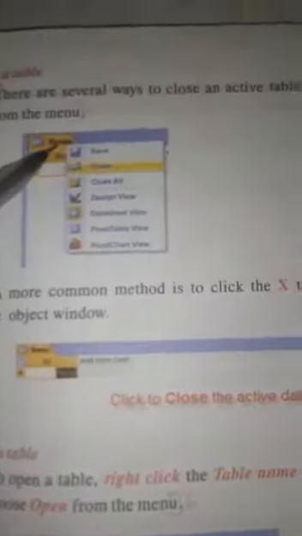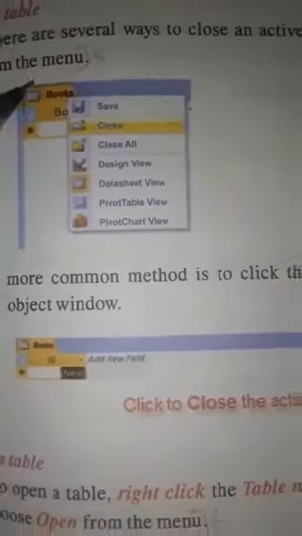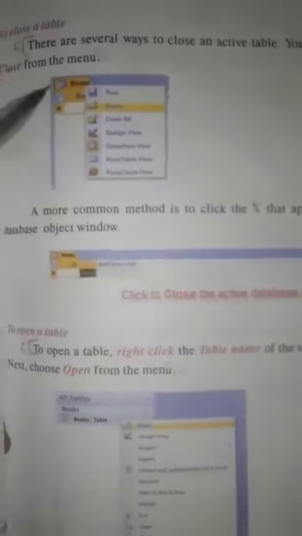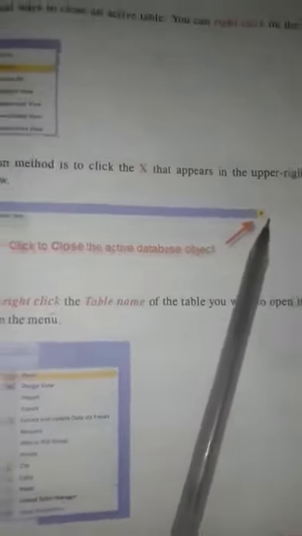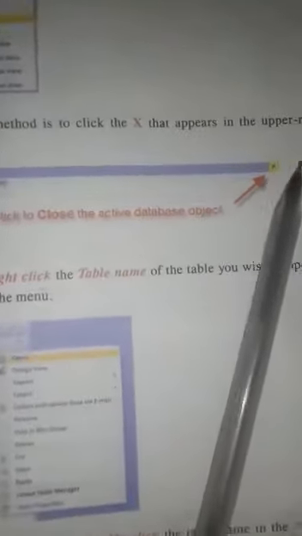Another method is to click the X that appears in the upper right corner of the active database object window. This is the X button. You click this, and now your table will be closed.